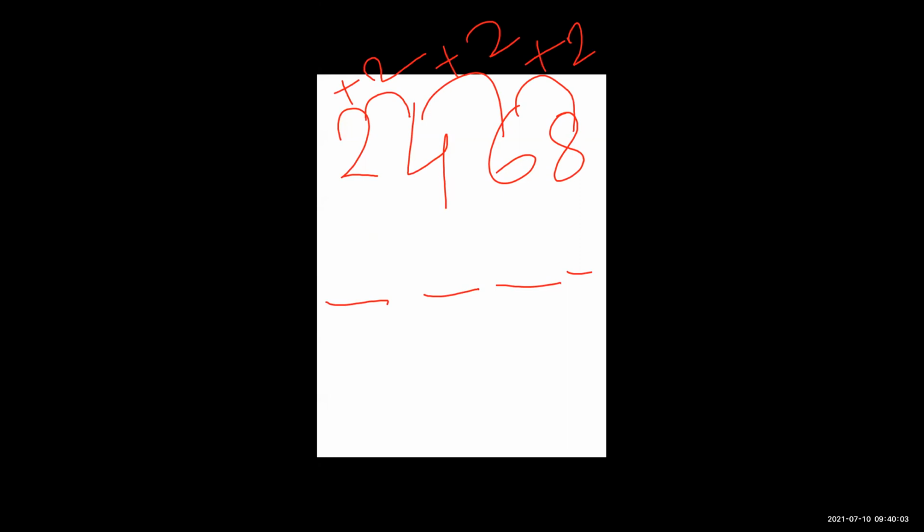This is also the table of 2. 2 1s are 2, 2 2s are 4, 2 3s are 6, 2 4s are 8, 2 5s are 10.